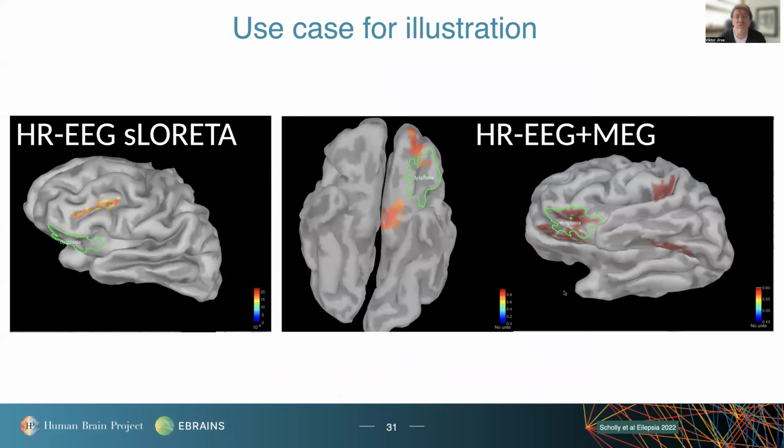High resolution representations here in high resolution EEG, some model inversions, so source reconstructions were performed that did not correspond too well with the dysplasia in one. When you did this simultaneously with high resolution EEG and MEG, the fit was better to some degree.